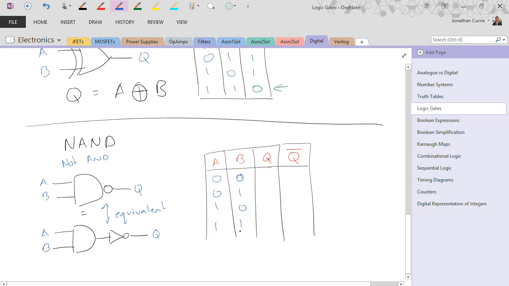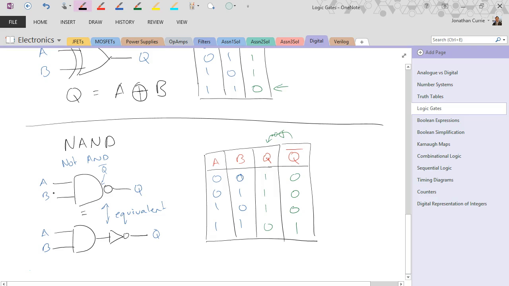Work out what it would be here. So this would be the not Q before it is then inverted. So if it was an AND gate, this would be the functionality. Through here it goes through a NOT, so this then becomes the inverse of it.